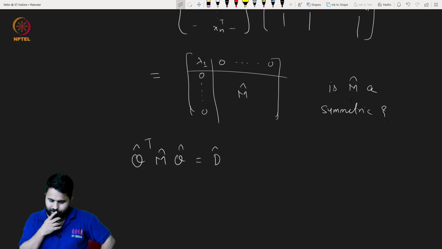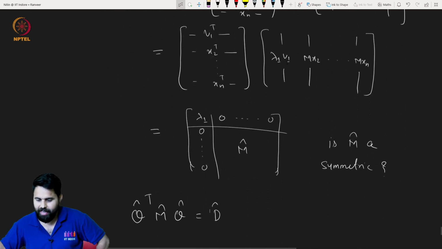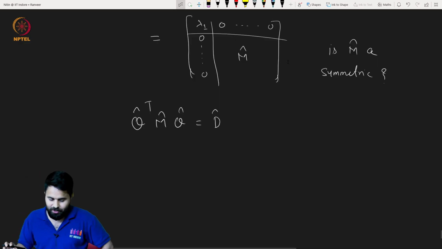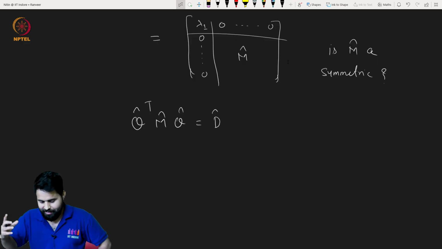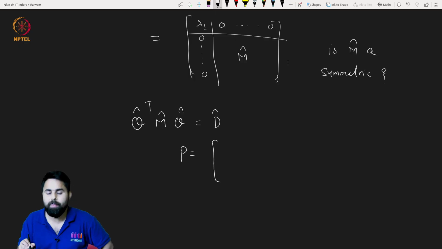Now, how can I make use of this fact to prove that for a symmetric matrix of n cross n, we will get an orthogonal matrix and a diagonal matrix such that the condition holds? Okay, it is not very difficult to see if I can make an orthogonal matrix like this.